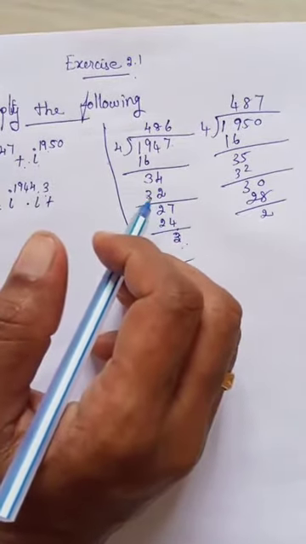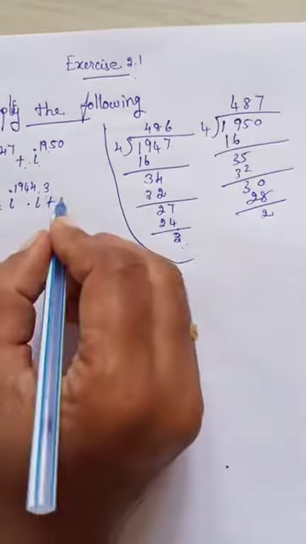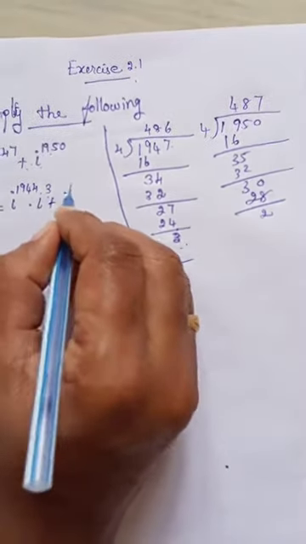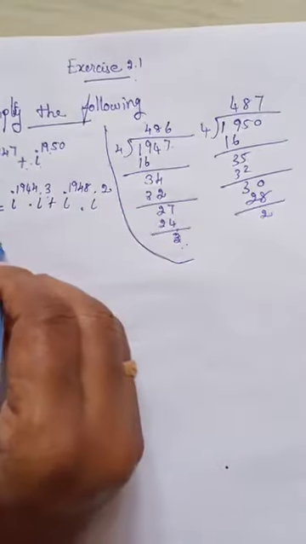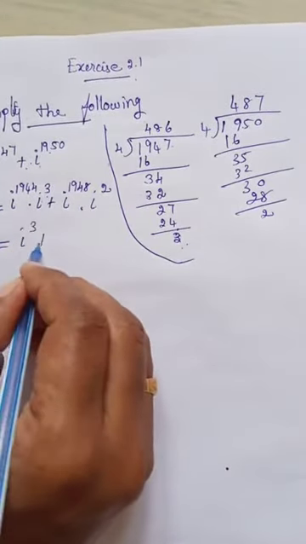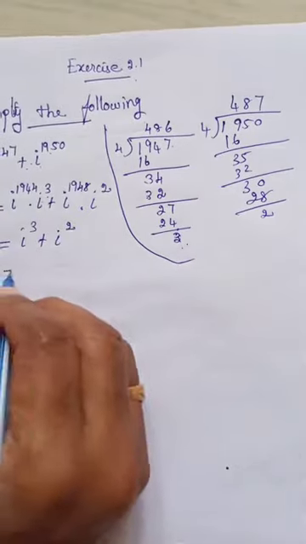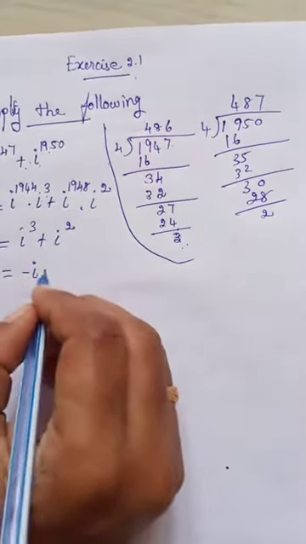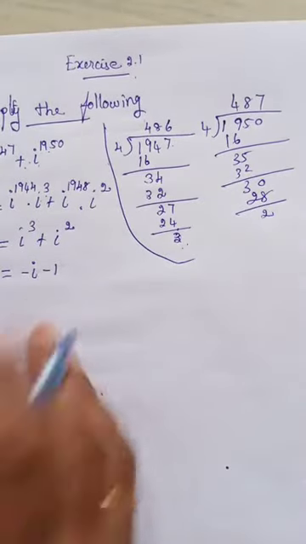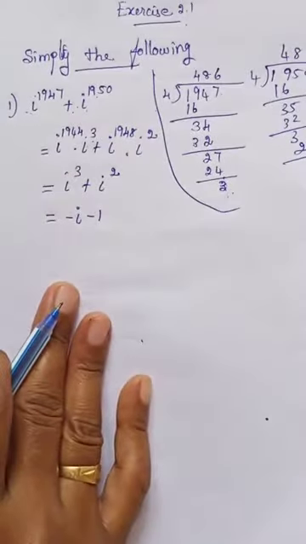Even in your mind calculation, you can do it. So i power 1948 into i power 2. So only i power 3 plus i power 2. i power 3, you know, is minus i. i square is minus 1. So minus i minus 1.